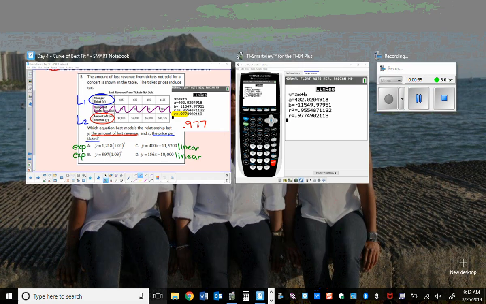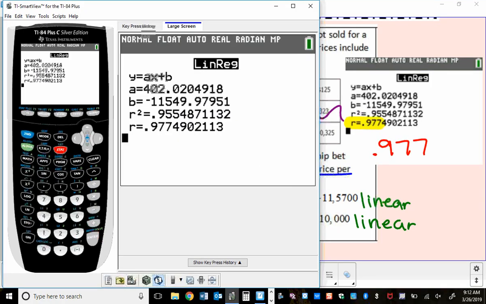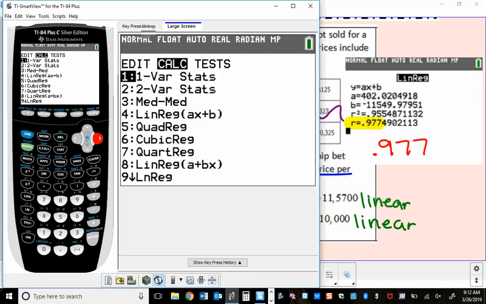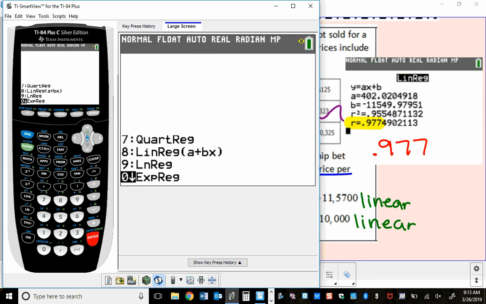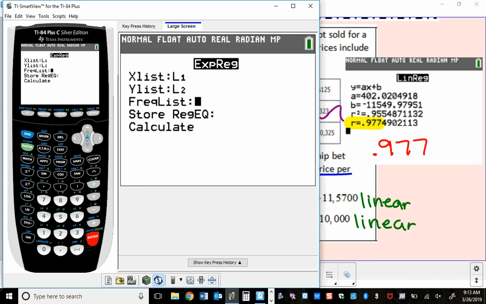You don't have to just write down on your paper somewhere that linear was 0.977. Go back to your calculator, hit stat, go over to calc, and now I need exponential. I'm going to scroll down to ExpReg, or you can press 0. Hit enter until your information calculates.